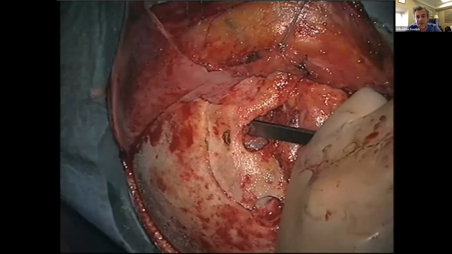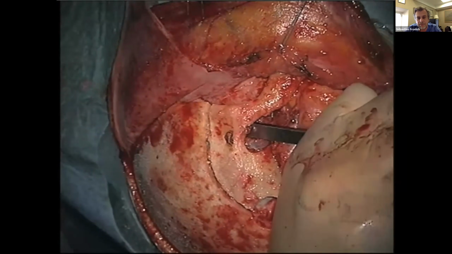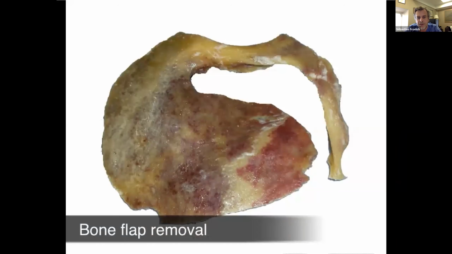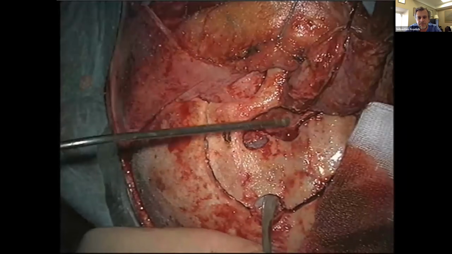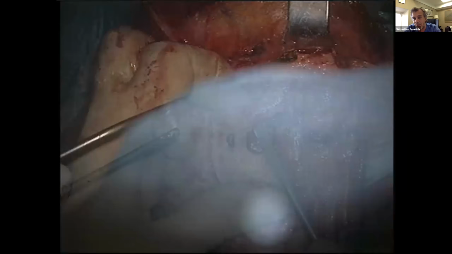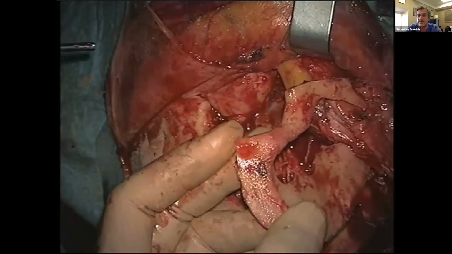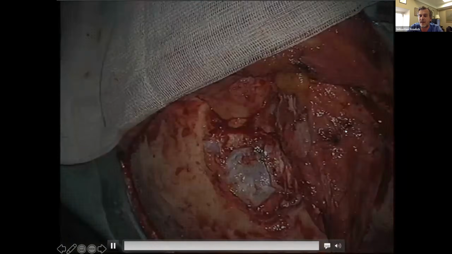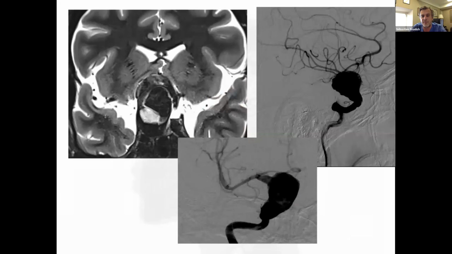Final cut is the orbital roof cut. And here is the bone flap removal. Takes a little bit of time, and you have to cut the insertion here of the masseter muscle that is attached to the posterior aspect of the zygoma.